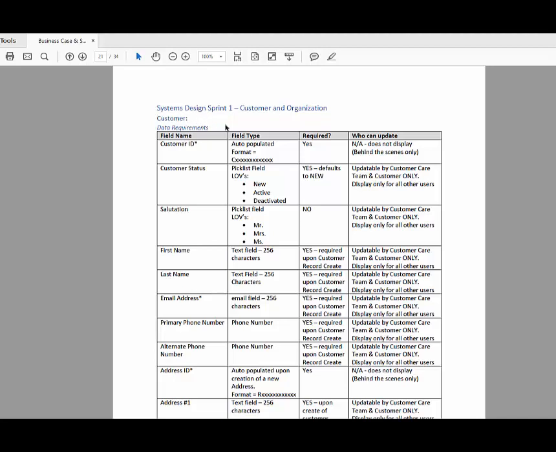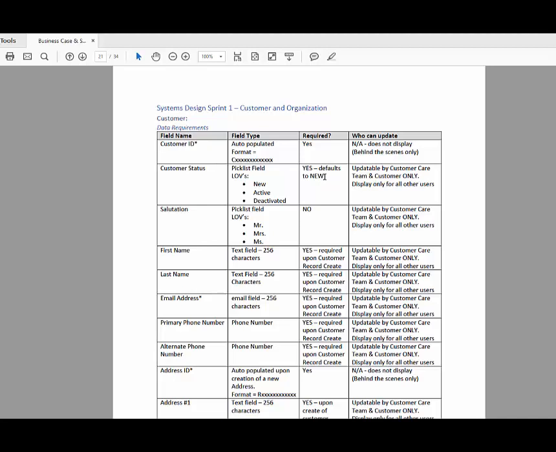For customer, you can see that we defined the data requirements. These were more detailed data requirements than the data requirements I showed you previously. This is really getting into what the field names are, what the field types are, what the formats are, if they're pick lists, what the drop-down values are going to be, if it's required, when it's required, what the default values should be, if it's auto-populated.